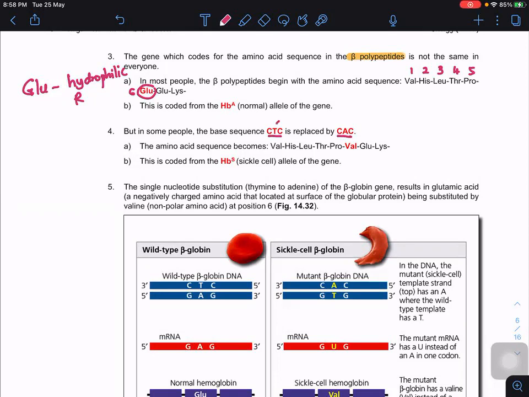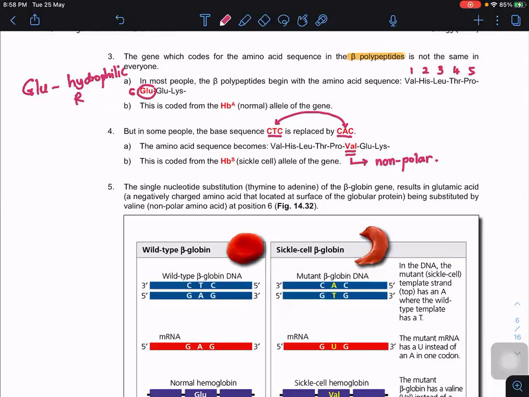So it is a single base substitution. Adenine replaces the thymine. Therefore, at the 6th position, it is no longer glutamic acid, but now changes to valine, which is a non-polar R group.